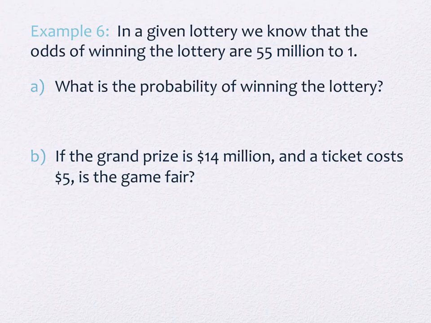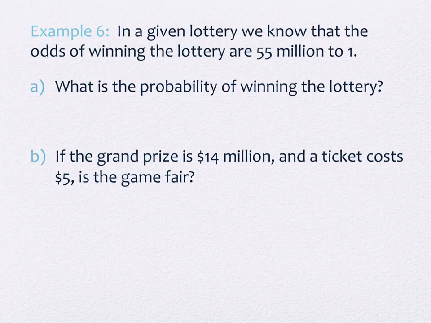So we have a given lottery. And in the lottery, we know that the odds of winning the lottery are 55 million to 1. We dealt with odds before. This is another statement where they're talking about odds. And it actually asks us in part A to first figure out what the probability of winning is. We talked about the fact that people use odds and probability interchangeably in language, but they're not exactly the same thing.